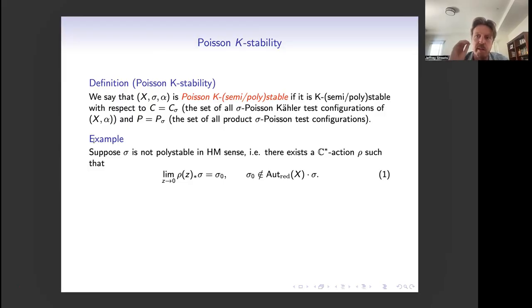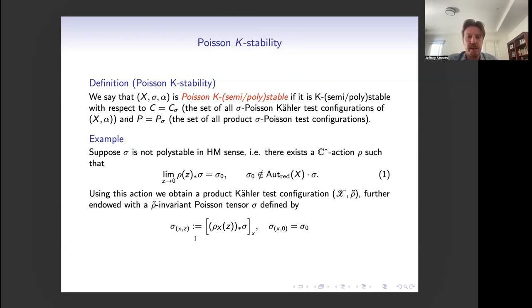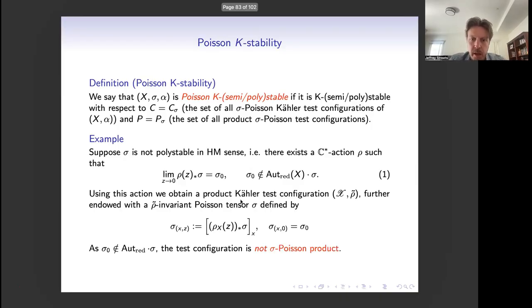So if I have a Poisson tensor sigma that is not polystable in the Hilbert-Mumford sense, in other words, there exists some C star action rho such that the limit as you approach zero of the pullback is some tensor sigma naught which does not lie in the orbit of the reduced automorphism group, then there exist product Kähler test configurations which are not Poisson product in the way that we describe, basically by definition.